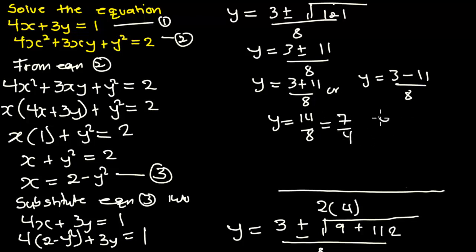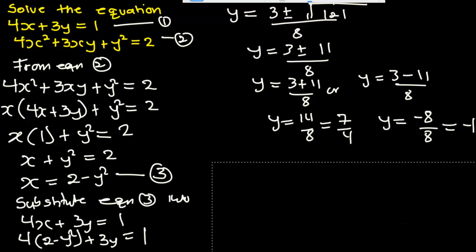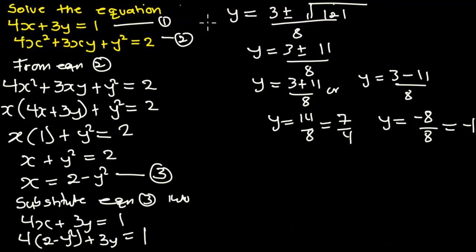And y is equal to 3 minus 11, which gives minus 8 over 8, which gives negative 1. So y is equal to 7 over 4, or y is equal to negative 1.